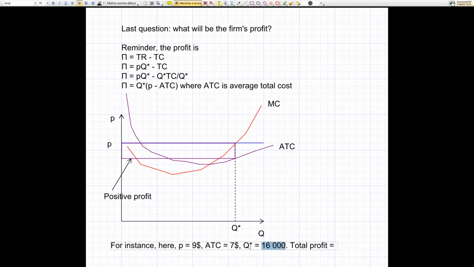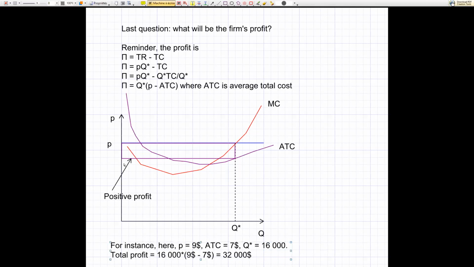It's 16,000 times $9 and $7. Was 32,000. So I'm very happy with my production today.